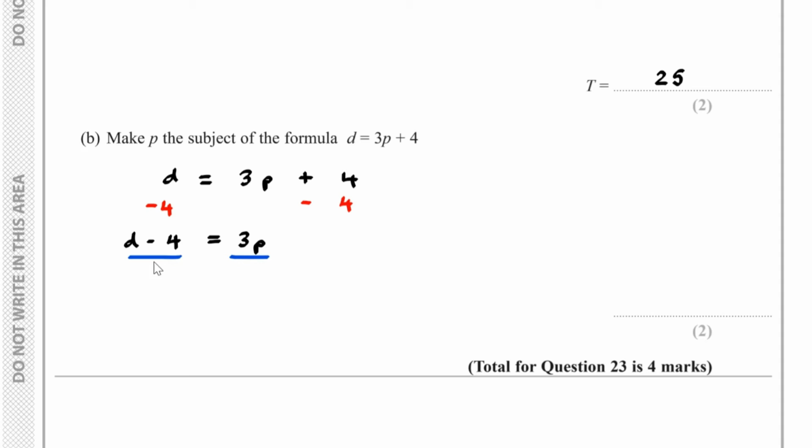And then if I divide both sides by 3, that would mean that p equals d minus 4 over 3. So in other words, p is equal to d minus 4 over 3.